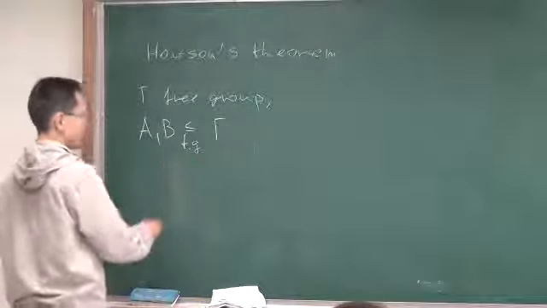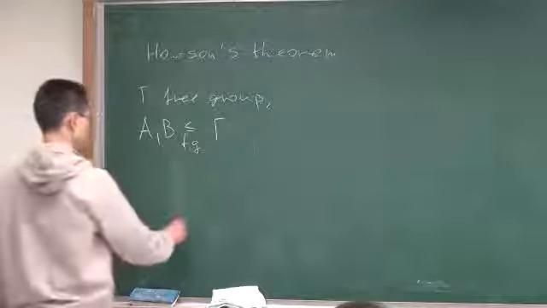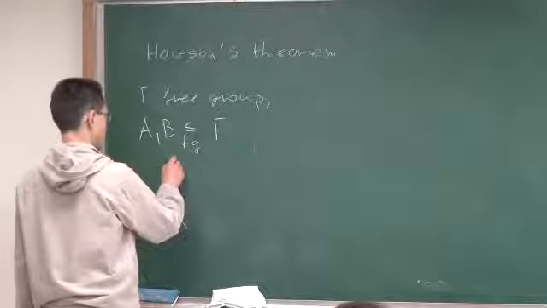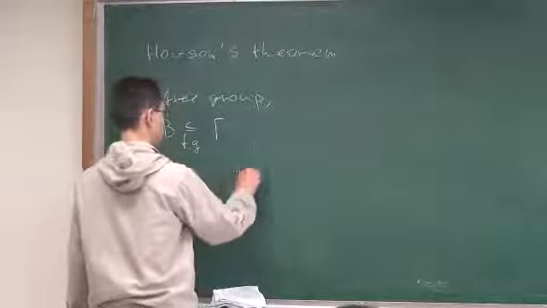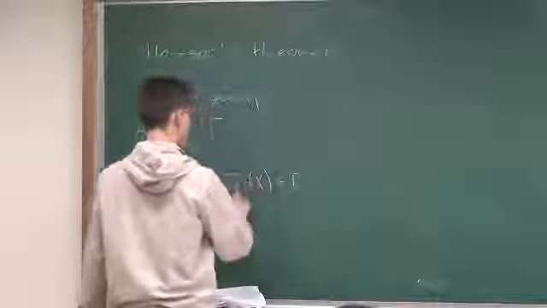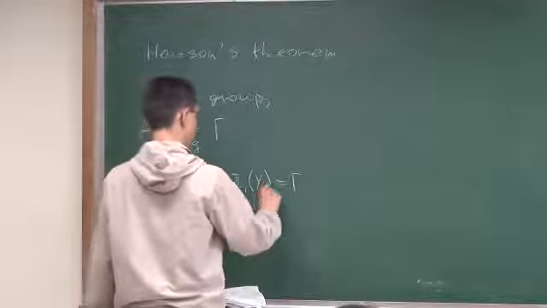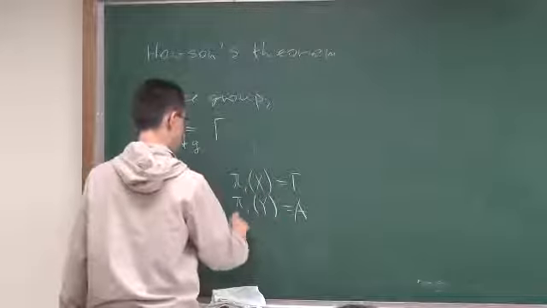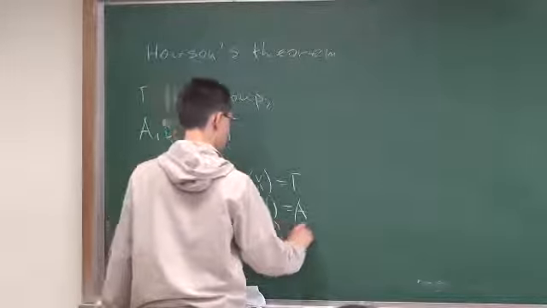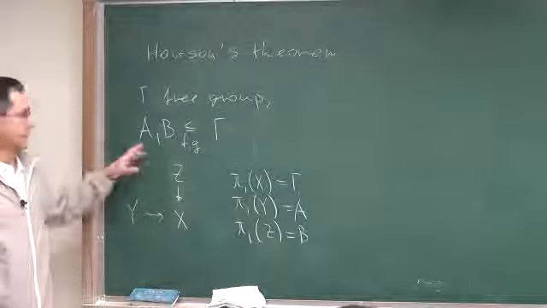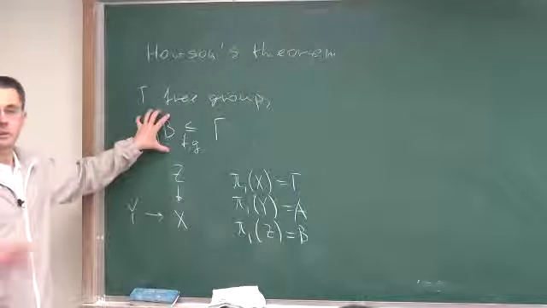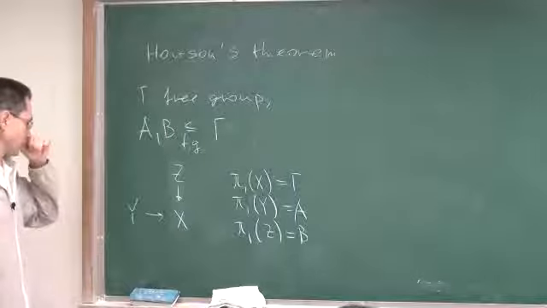What you do, you just build this Stallings diagram. You construct X, and then you construct Y and Z, which represent this inclusion. So pi1 of X is gamma, pi1 of Y is A, and pi1 of Z is B. We can assume that gamma is finitely generated, just replacing it with the subgroup generated by A and B. There is no loss of generality by doing this.